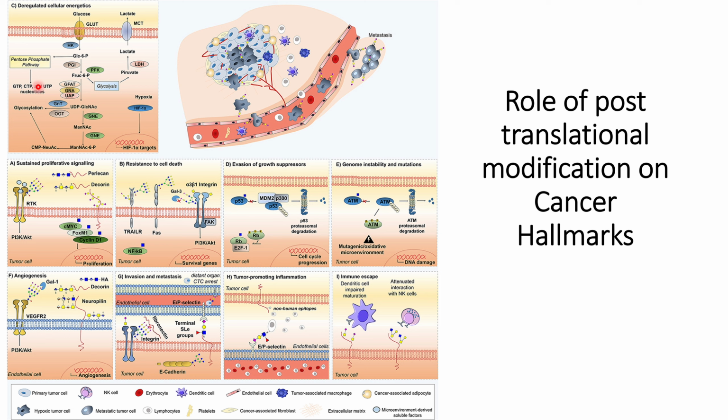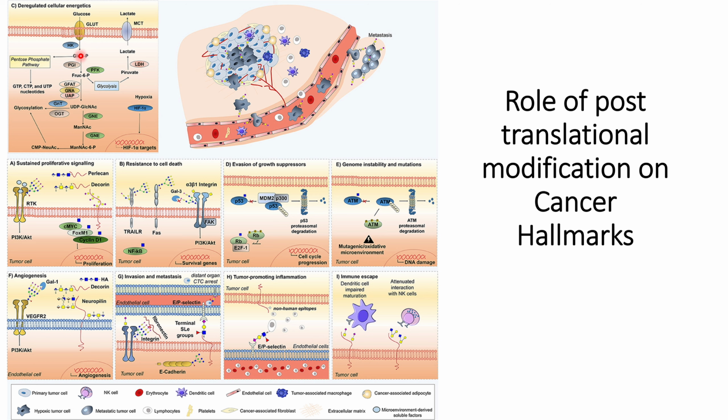Next one is deregulated cellular energetics, and we have covered this many times in many of our previous videos, where glycosylated pathways from glucose are diverted in such a way that they do not require mitochondria to generate energy such as ATP.